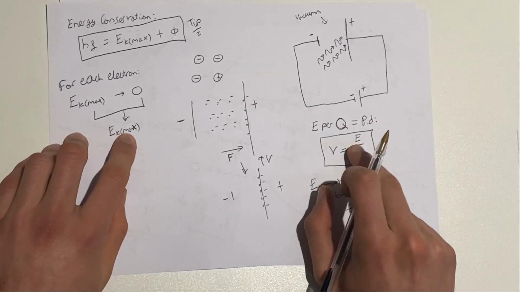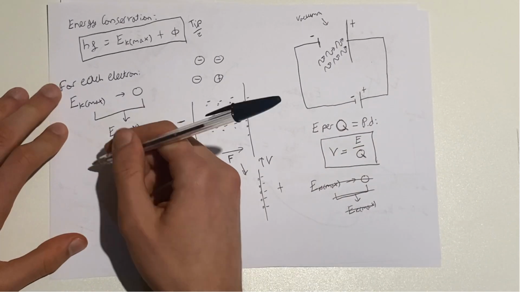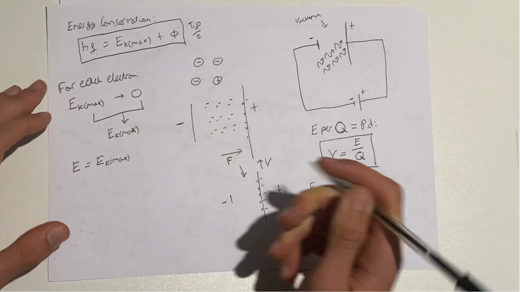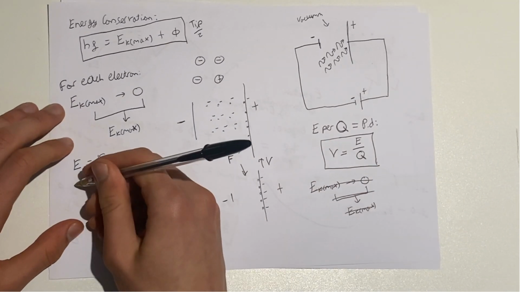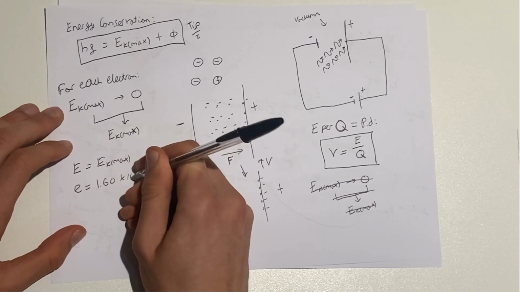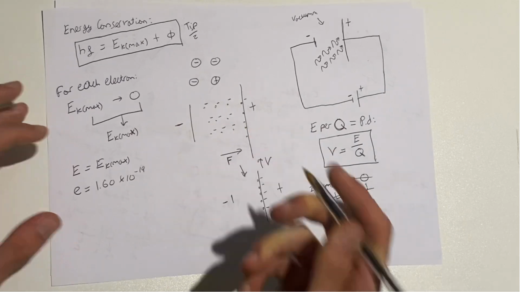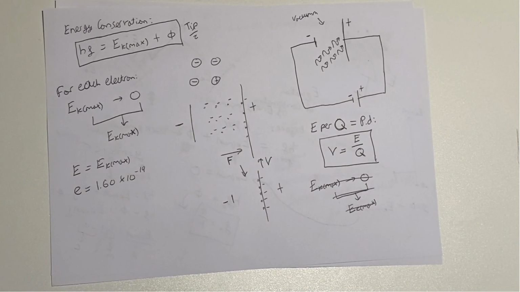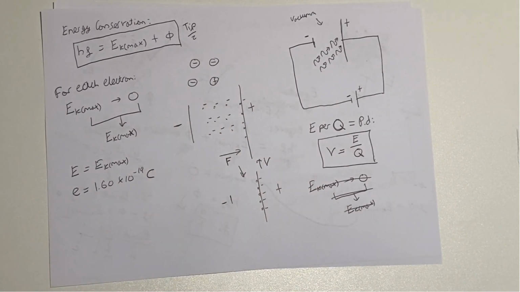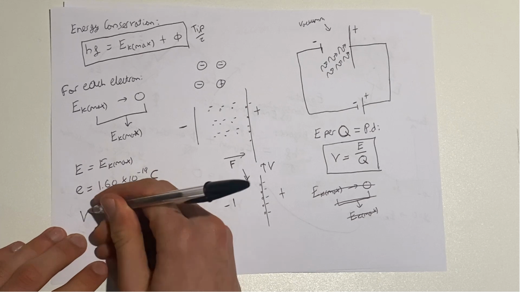Looking at the equation from before, if we look at each electron, we can substitute the maximum kinetic energy as E, the energy, and we can substitute the charge as the charge of an electron because we are looking at each electron individually. The charge of an electron is known as e, which is 1.60 times 10 to the minus 19 coulombs, which should be given in the formula sheet in your exam.